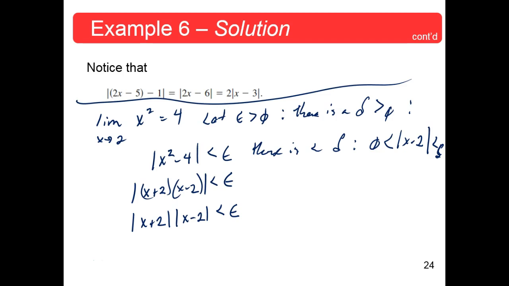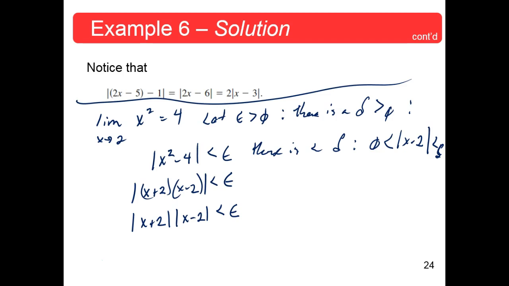There is a theorem out there that the absolute value of a product is always less than or equal to the product of the absolute values. Sometimes they call it the triangle theorem or have other names for it, but you can take my word for it, it's true.